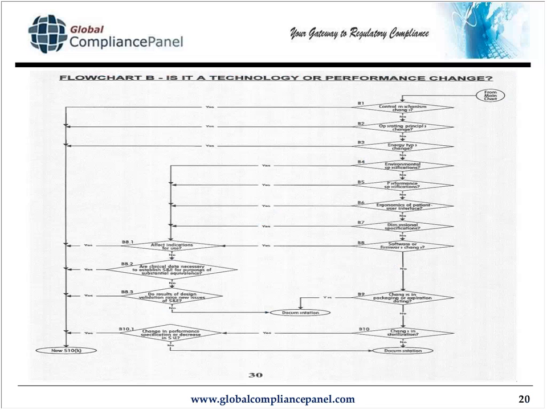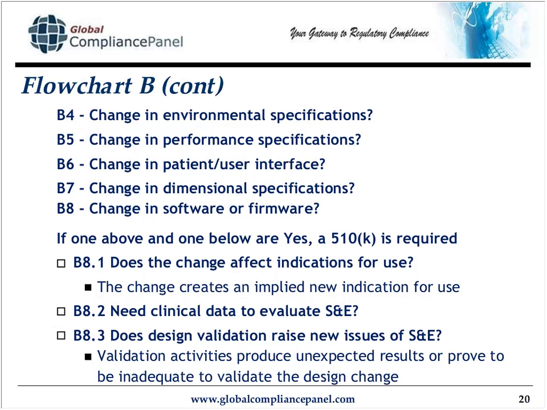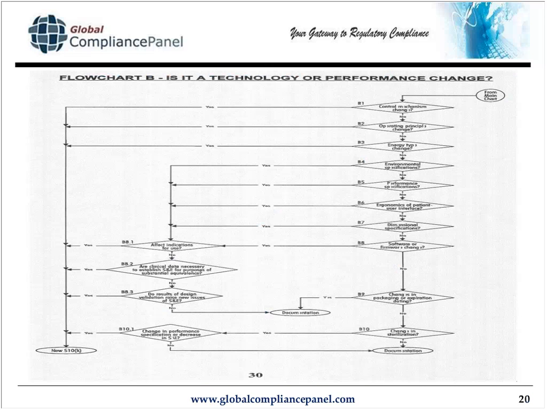Looking at B4 through 8, it says, are you changing the environmental specifications, performance specifications, ergonomics, dimensional specs, or software or firmware? Excuse me, there's B8, by the way. And all of these prompt me, as you can see here, to go to B8.1, which says, am I affecting the indications for use?